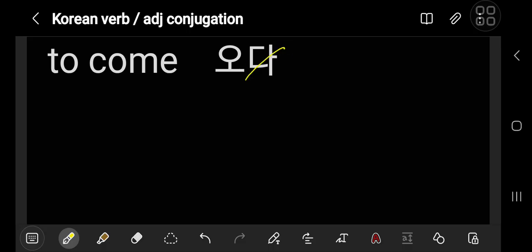So present tense, as always, from the base form, the dictionary form. We can't use that when we speak, so we get rid of the da. And then we look at this vowel. What's the vowel? Is it an O or an A?